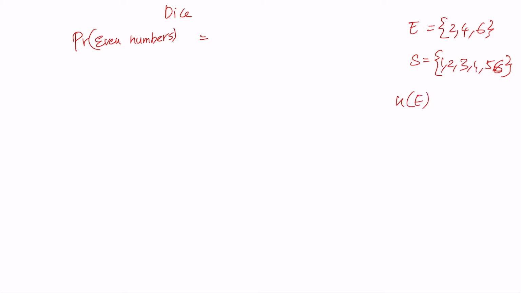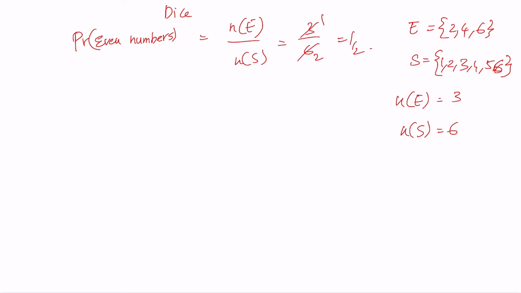So n of e here is 3 and n of s is 6. So it becomes n of e by n of s, which is 3 over 6, and that becomes 1 over 2. So there is a 1 out of 2 chance that you get an even number when you throw a dice. Every 2 times you throw, there is 1 chance of having an even number.